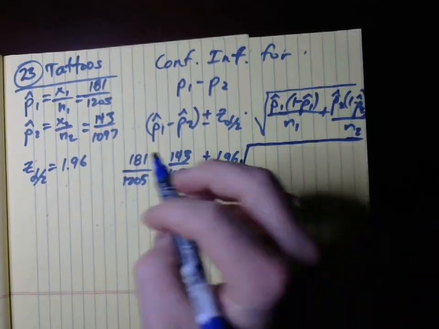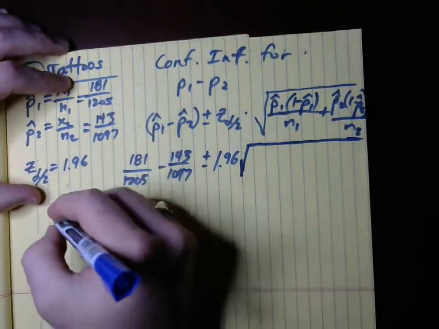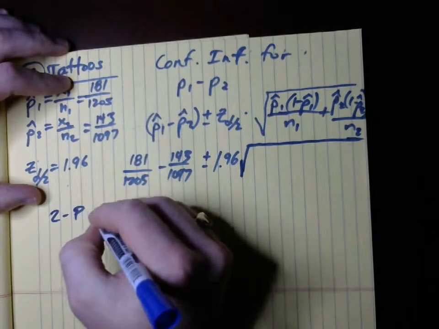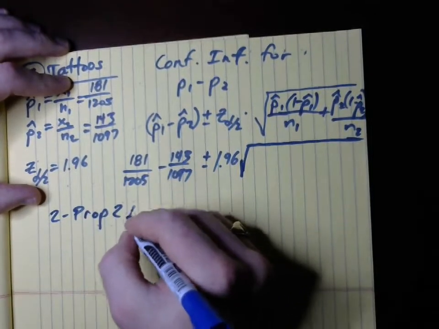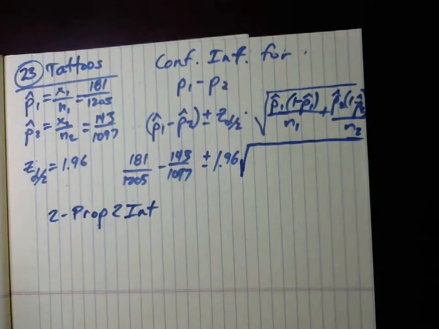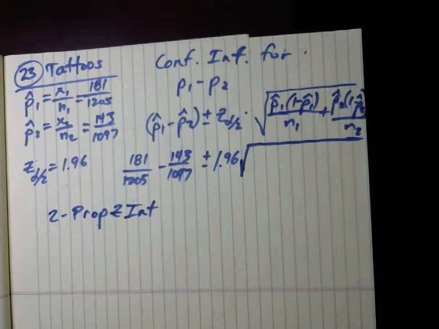And I'm going to show you something else you can use. It's on your calculator, and it is the 2 prop Z, not test, but interval. Should make sense to you. 2 prop Z interval. We're going to go ahead and do that really quickly.